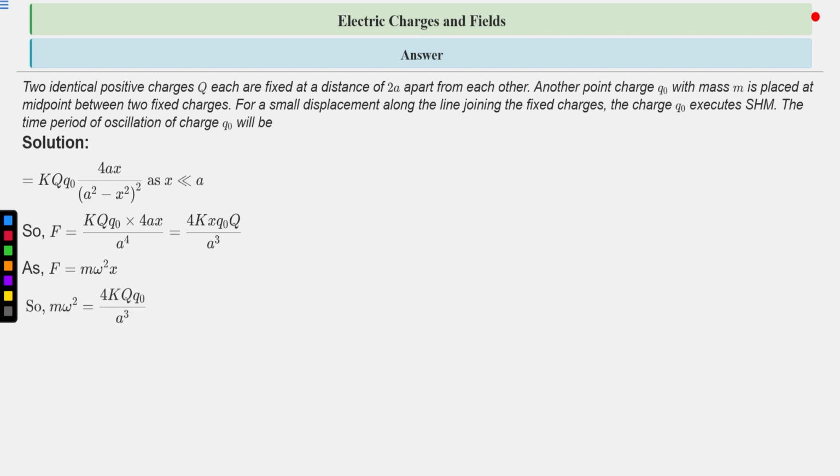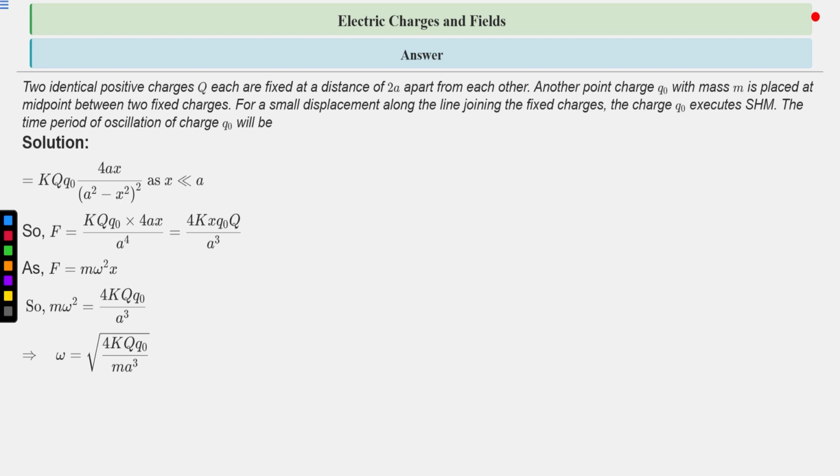Now we will reduce this expression into this form and equate this equation with this. Except x, anything that is there is m omega square, means 4kQ naught Q upon a cube is m omega square. So omega square we will get this, and omega is root 4kQ naught Q upon m a cube.